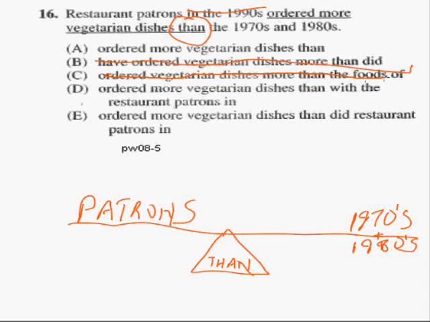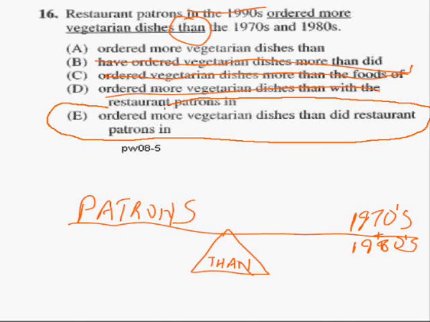No. And again, the key is what are we comparing with that than? Restaurant patrons, so it has to be with restaurant patrons. Ordered more vegetarian dishes than with the restaurant patrons in? No. So ordered more vegetarian dishes than did restaurant patrons in the 1970s and 1980s. So the answer to this one is E.